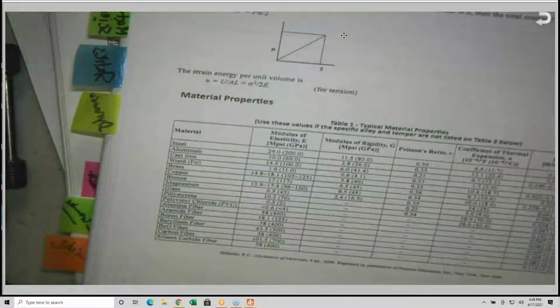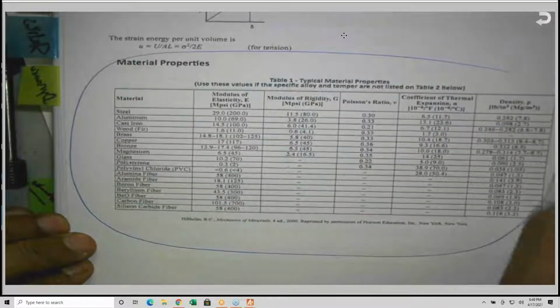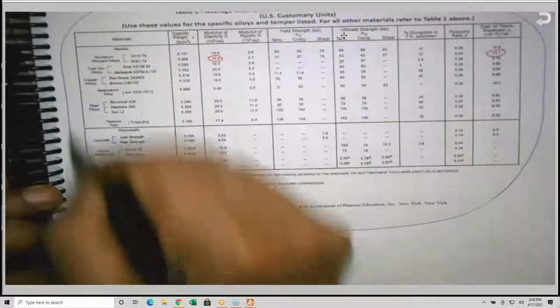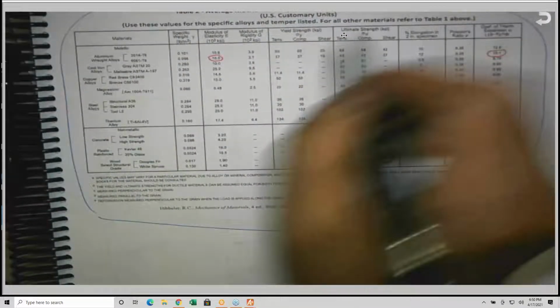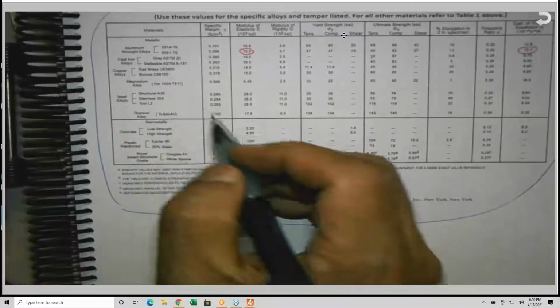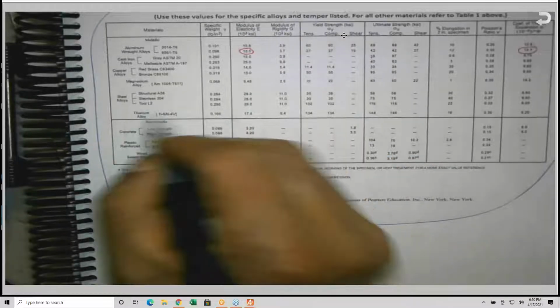At the end, you'll find a series of tables, and here they are. This is table number 1, material properties. And this is table number 2, average mechanical properties of typical engineering materials. For example, let's come to steel.